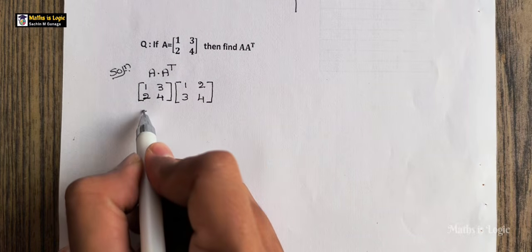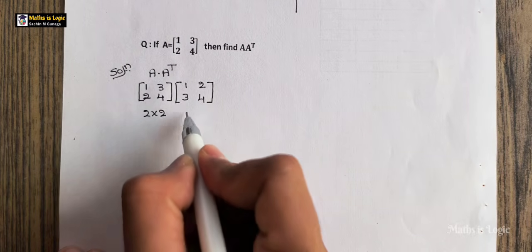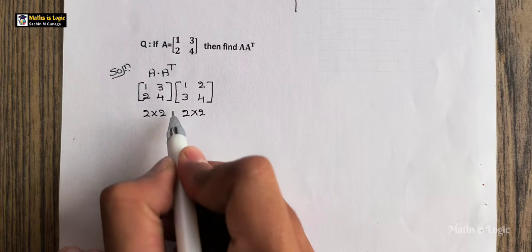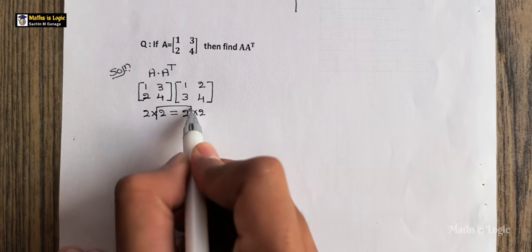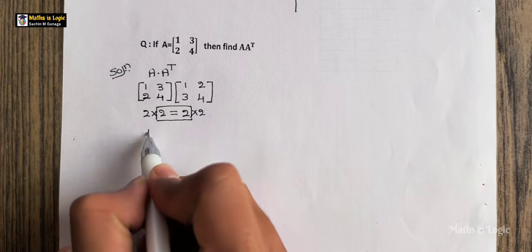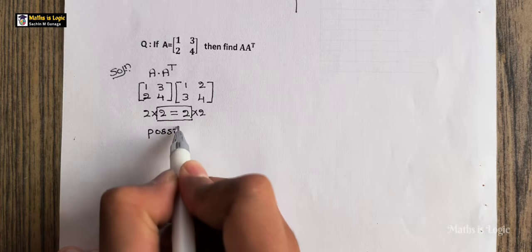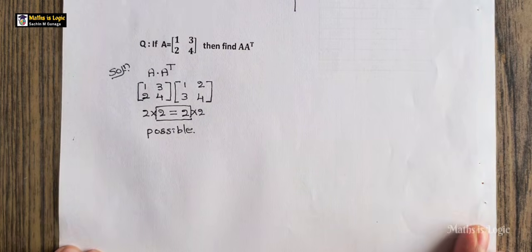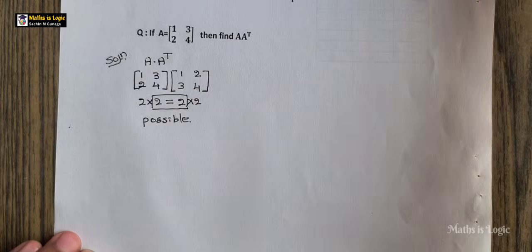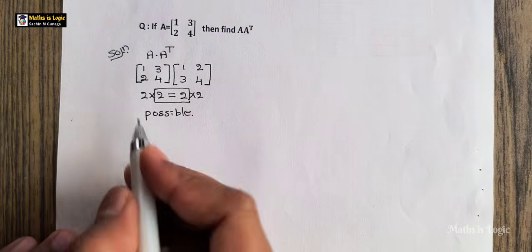As usual, 2 rows 2 columns, 2 rows 2 columns, so these two values are equal. Therefore here also matrix multiplication is possible. After this, apply the box method.